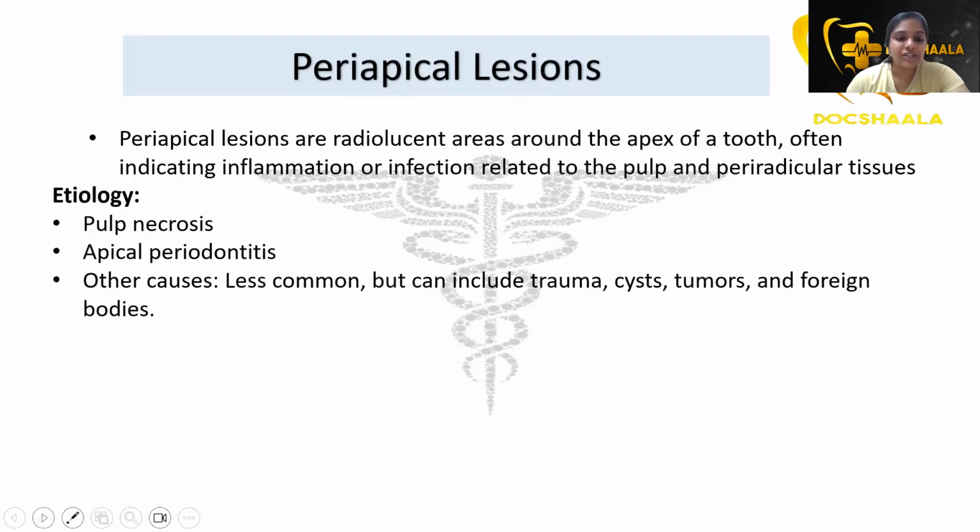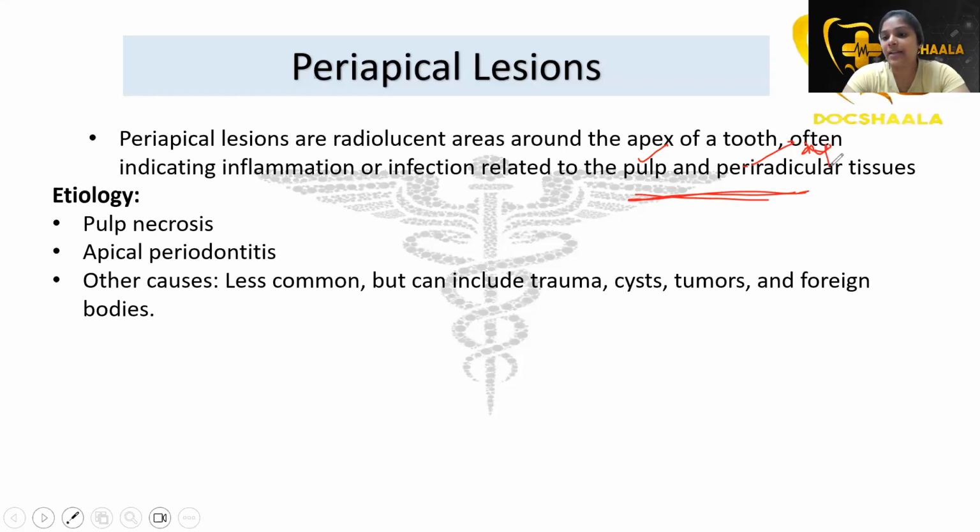The periapical lesions which we are going to see are the radiolucent areas which are present in the apex of a tooth. So what do they indicate? They indicate inflammation or infection of pulp and periradicular tissues. So this is very important.